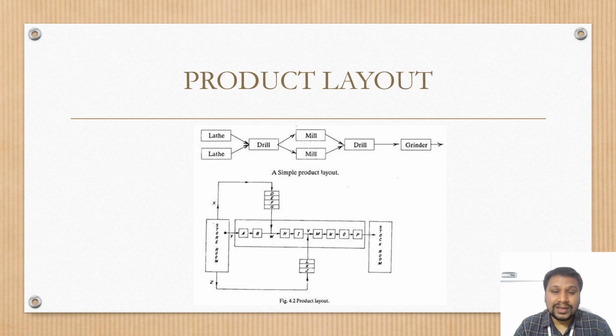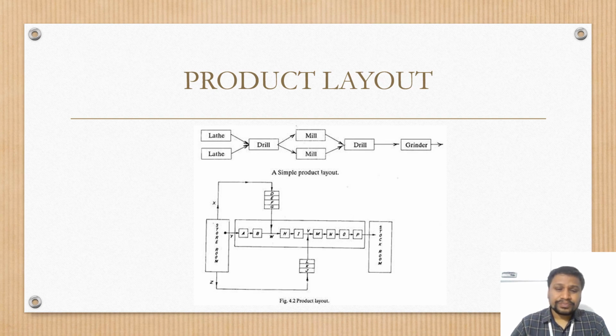Suppose the sequence of operation is turning, then drilling, then milling, then again drilling, and then grinding. Accordingly, for turning one lathe machine, for drilling one drilling machine, for milling one milling machine, for drilling one drilling machine, and for grinding one grinding machine is placed. So according to sequence of operations, machines are arranged. That is why it is called product layout.